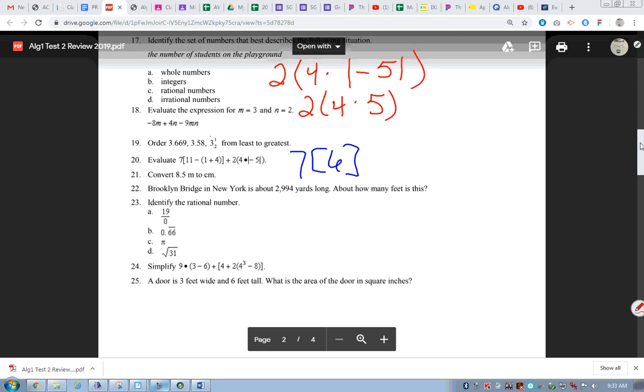What's 4 times 5? 20. So let's see, we've got plus 2 times 20. Okay, what's 7 times 6? 42. 42 plus what? 40. All right, so I get a final answer of 82.